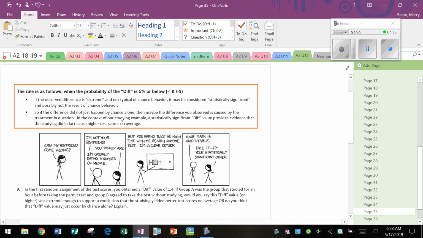In the context of our studying example, a statistically significant difference value provides evidence that the studying did in fact cause higher test scores on average. Okay, so let me say that again. In the context of our studying example, a statistically significant diff value provides evidence that the studying did in fact cause higher test scores on average.